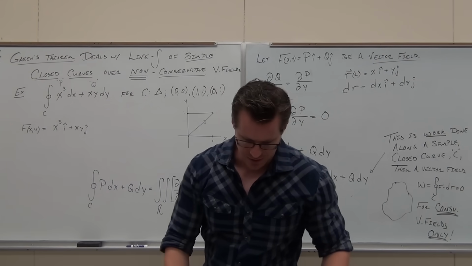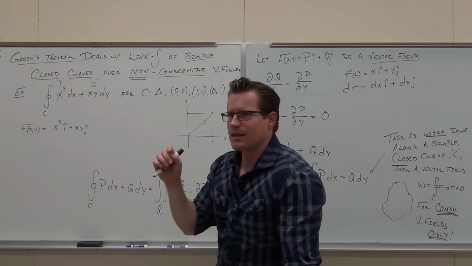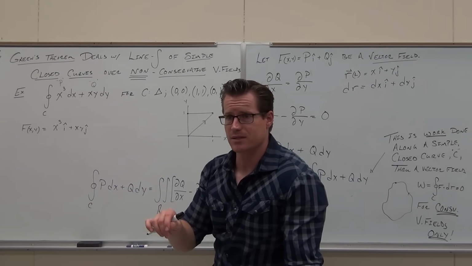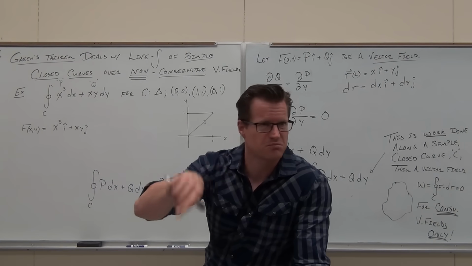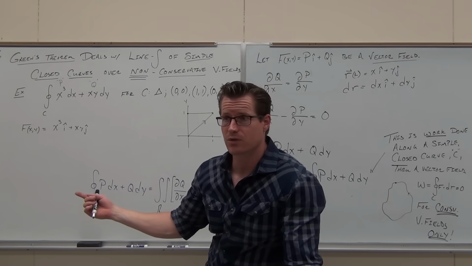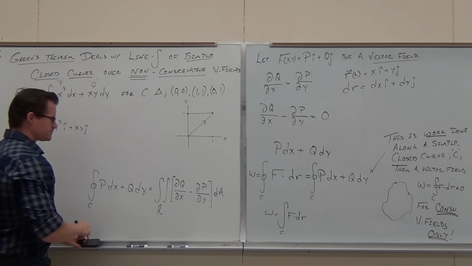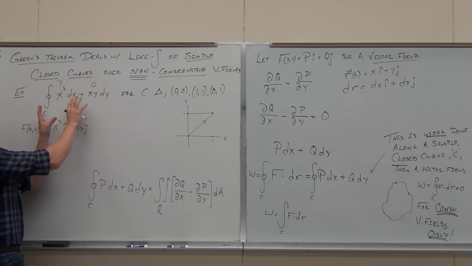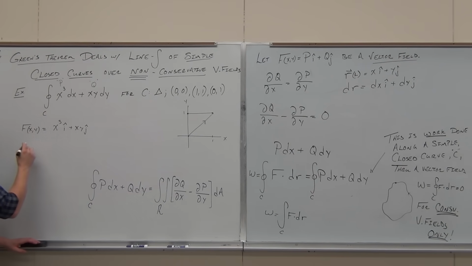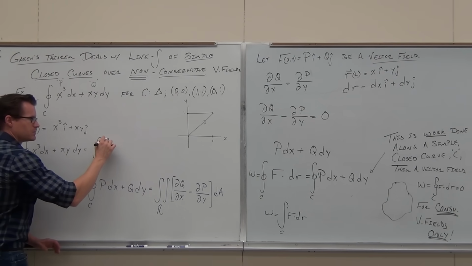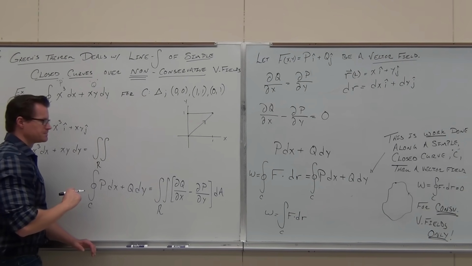So let's see if Green's theorem applies. Firstly, is this a line integral over a simple closed curve? Then Green's theorem applies. Can you define the region that curve encloses? Then we can create a double integral. So here's how it works. It's honestly not hard. What Green's theorem says is that for this particular simple closed curve, all I need to do is create a double integral over some region.